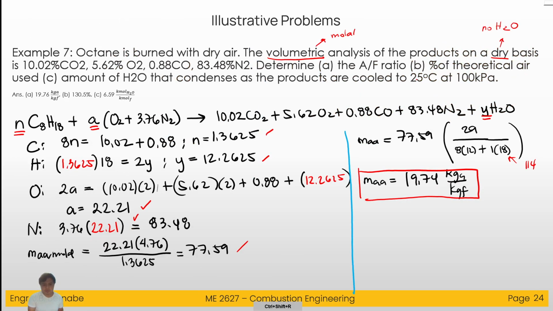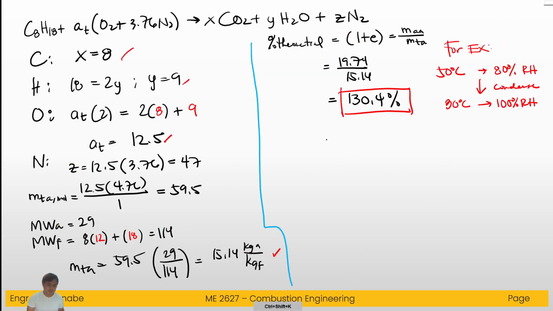Because the dew point temperature of this will probably be higher than 25. So let's find the dew point temperature first. So we want to find the partial pressure of water here.